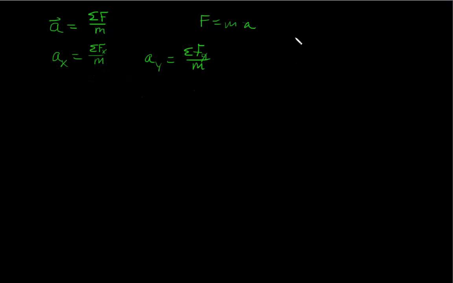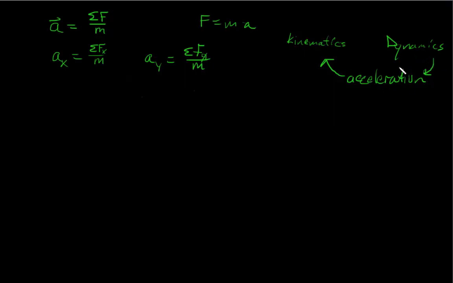The big idea here is that we're going to have to be able to move from kinematics into dynamics. The thing that links these two together is acceleration. So you may be given forces and such, and you'll determine the acceleration to then get the position or velocity or time, or you may be given the time and velocity and have to determine the acceleration and then use the force or the mass to get the forces.